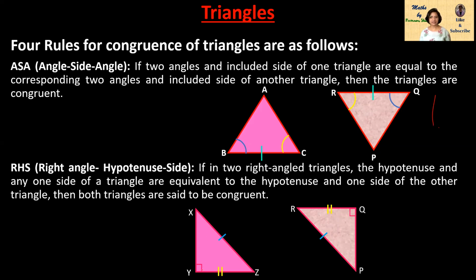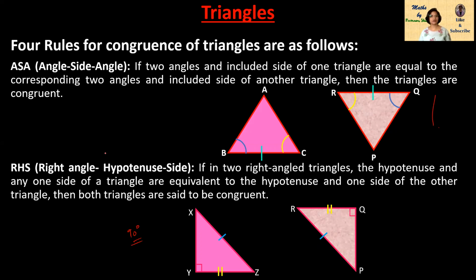So here we can see this right angle is always equal in any size and shape, that we know. So right angle means this angle is 90 degrees, right? And here the hypotenuse is also equal, we can see, and then one side YZ and QR both are equal, so we can say these two right angle triangles are congruent, right?